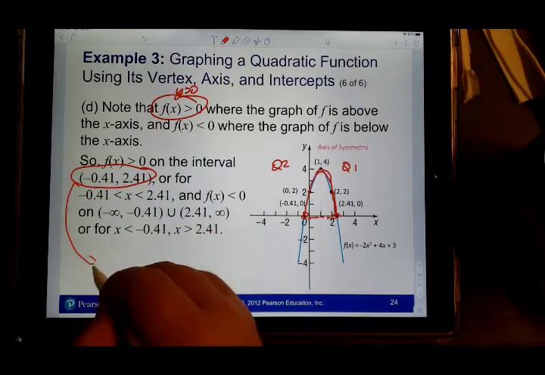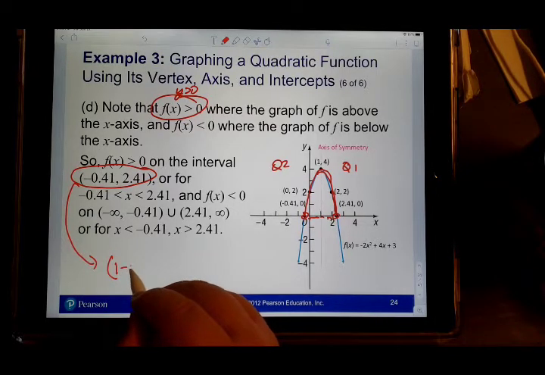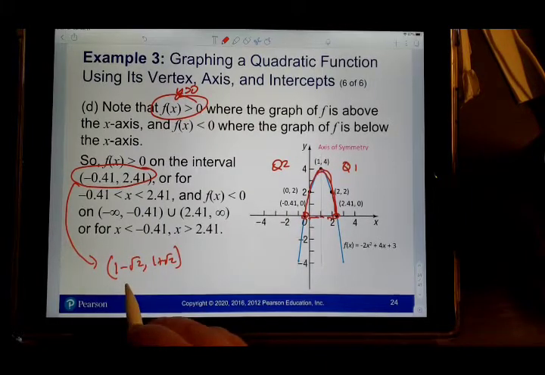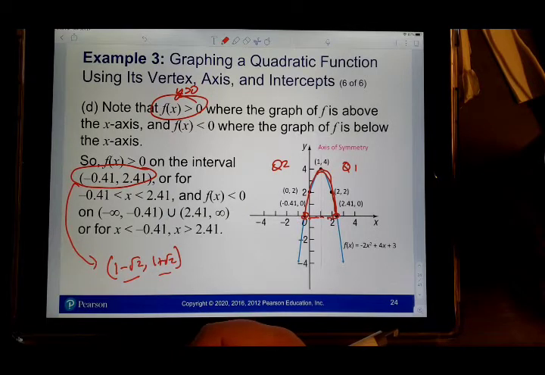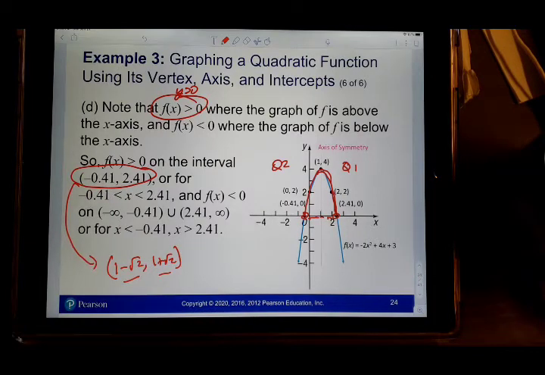I will warn you, your book will more than likely write it 1 minus the square root of 2, comma 1 plus the square root of 2. Exact values are just sometimes more popular than these calculations rounded to a certain amount. I actually haven't checked. I think both might be possible.